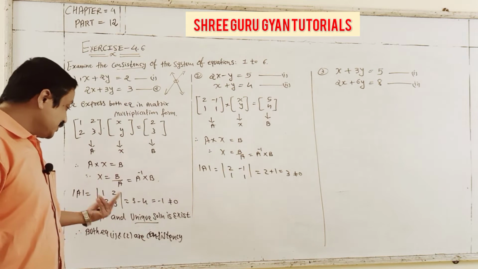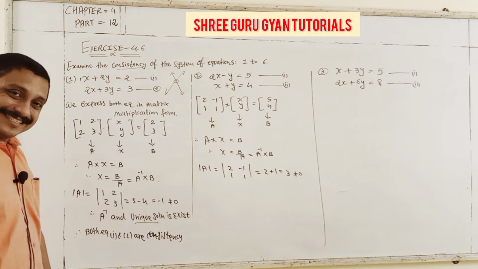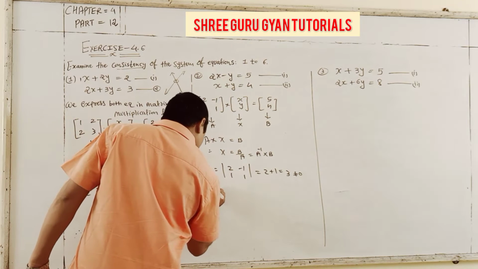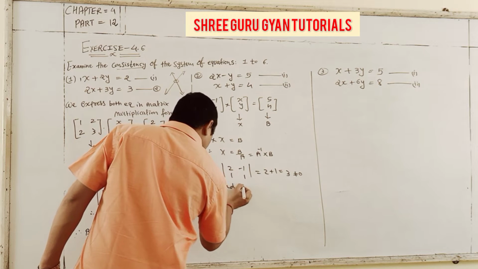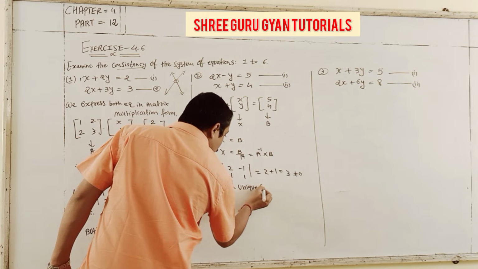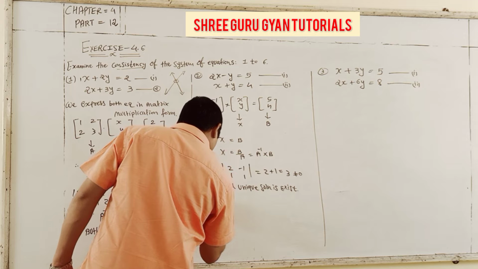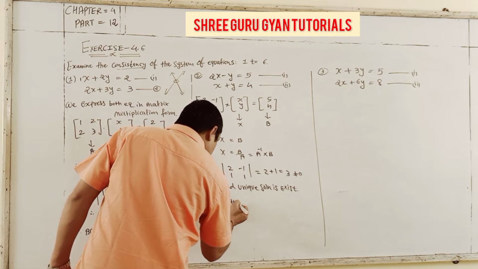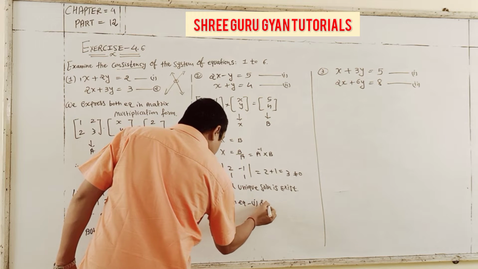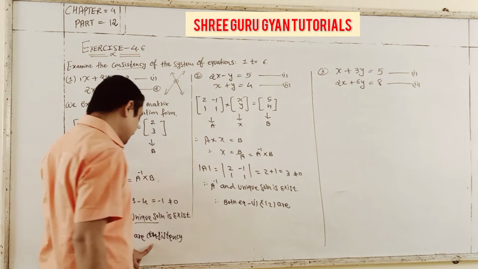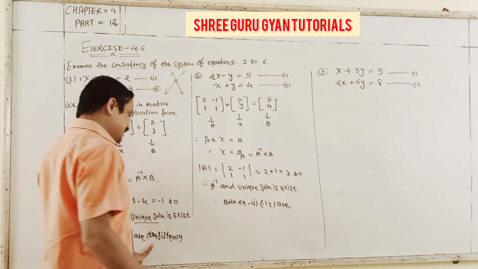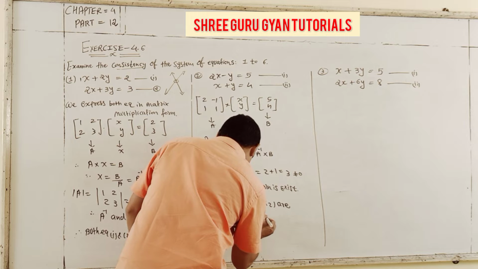It means a unique solution exists, A inverse exists, and both equations 1 and 2 are definitely consistent.